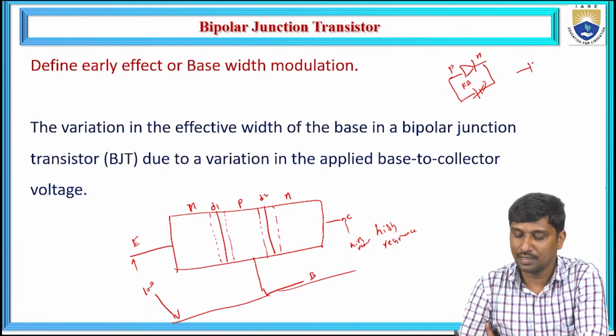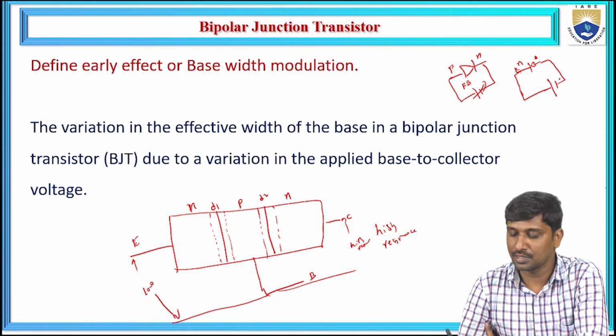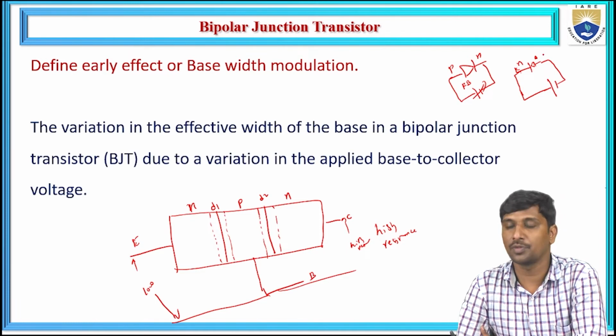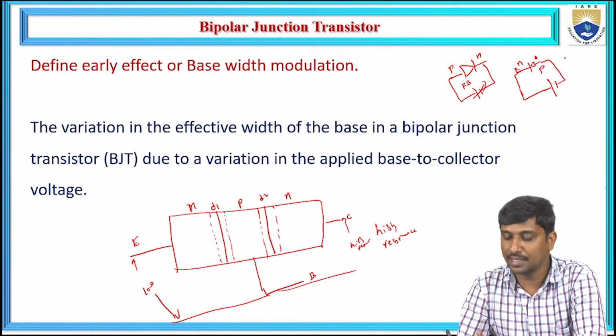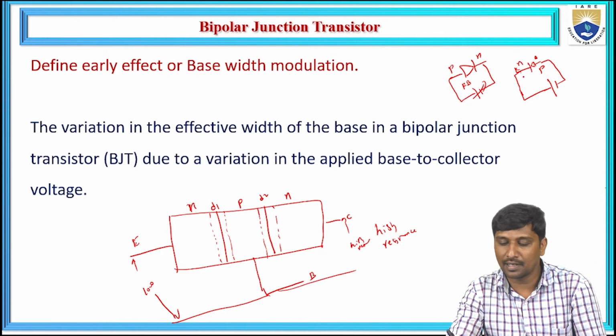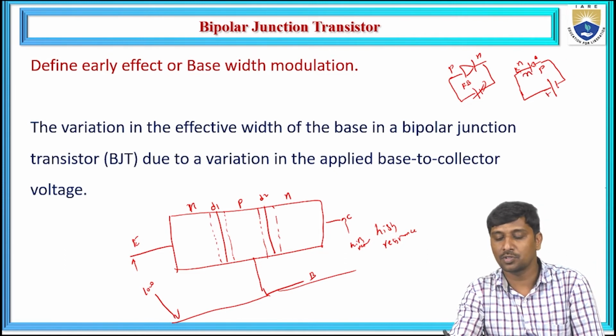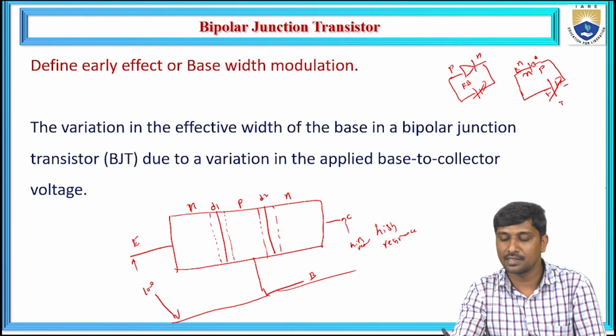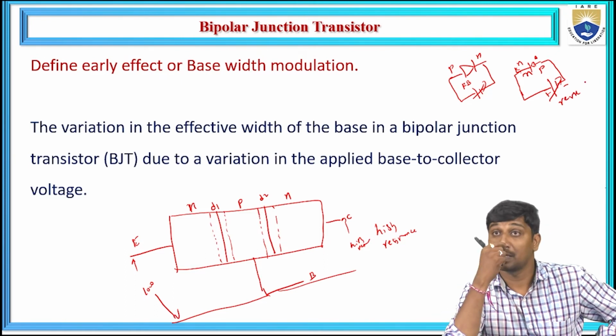Similarly, when the diode is connected in the reverse direction, the cathode is connected to the positive pole of the battery and the anode to the negative pole. That means the P type is connected to the negative pole and the N type to the positive pole, and we say it is reverse bias.